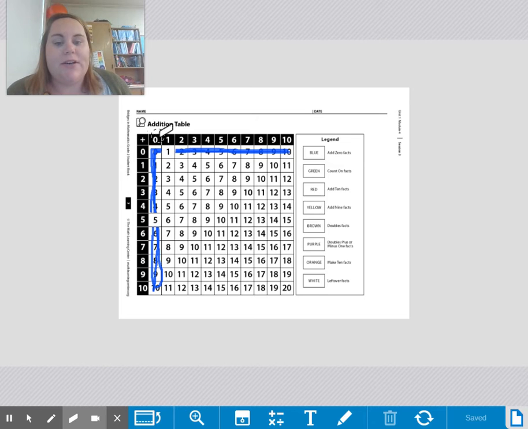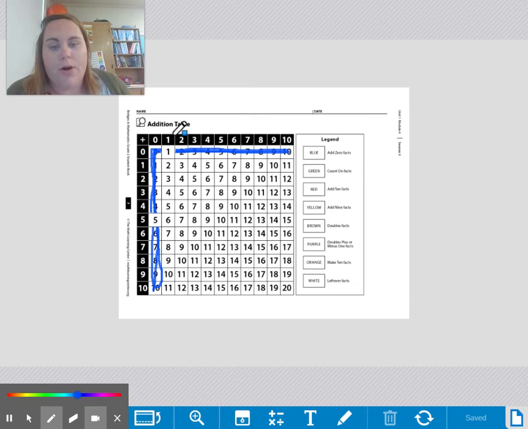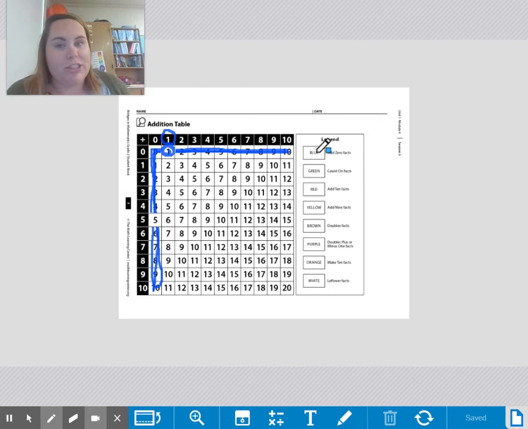Since this is an addition table, when we look at the number 1, to get to this one, the blue, we are going to add 0. And when you look at our legend, which tells us what colors mean what, blue means it is add 0 facts. So when I have 10 and I add 0, what do I get? I get 10. So that is our blue part of our table, the add 0 facts.